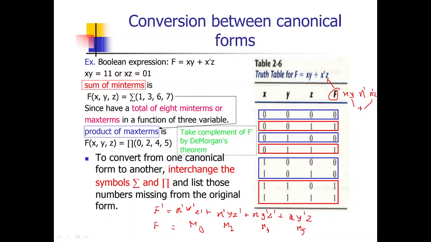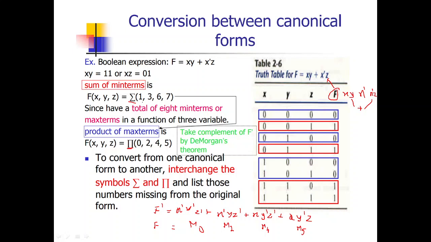Okay, so to convert from one canonical form to another, interchange the symbols summation and pi, and list those numbers missing from the original form. For sum of minterms we use the summation symbol, and for product of max terms we use pi.